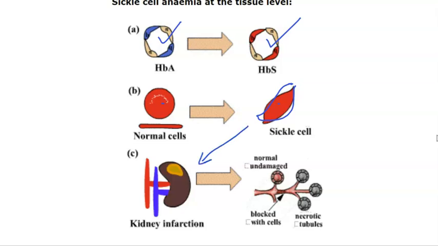Perhaps the most famous version of this is infarction or blocking of the capillaries within the kidney, and that ends up causing kidney damage, which is unfortunate for someone with this single point mutation which changed the protein hemoglobin.